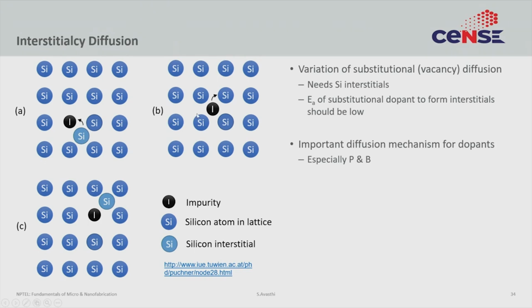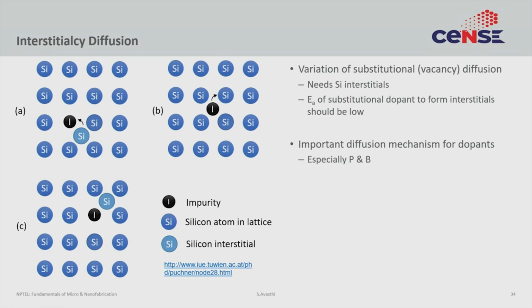This substitutional impurity is now an interstitial impurity, which again interacts with another substitutional silicon, thereby creating a new silicon interstitial and putting itself in a new substitutional position. Effectively, you started with a silicon interstitial, and you have ended with a silicon interstitial. So, the concentration of interstitials has not changed, but the position of the impurity atom has.